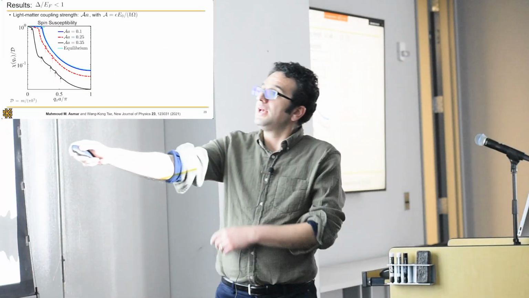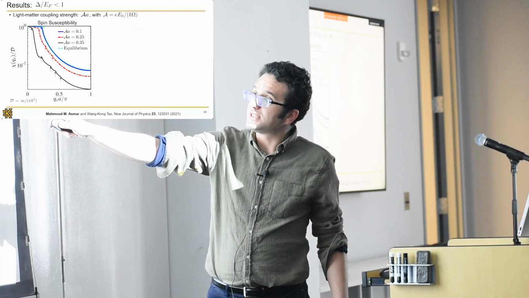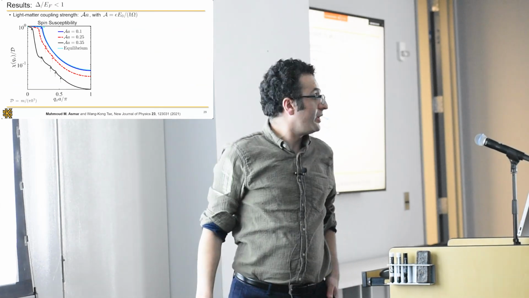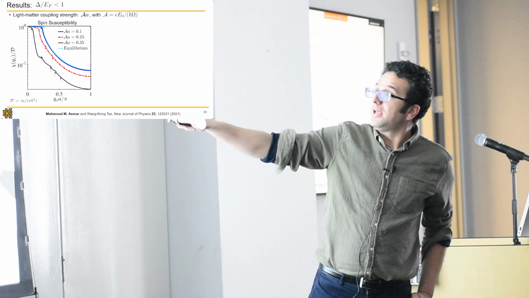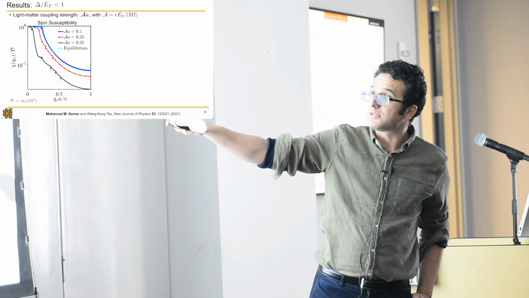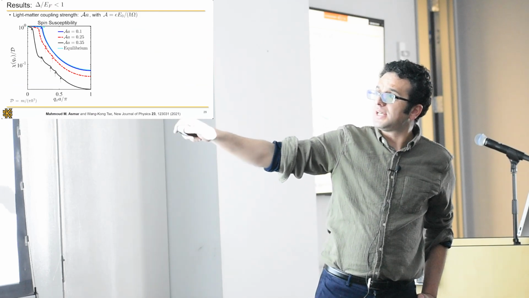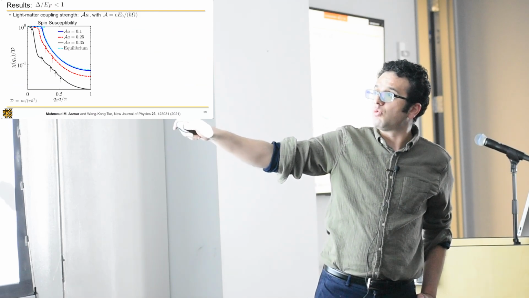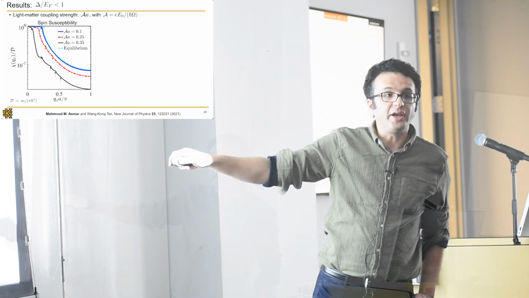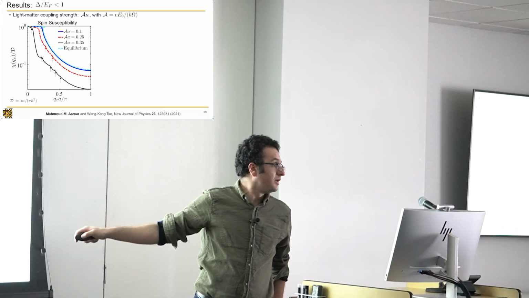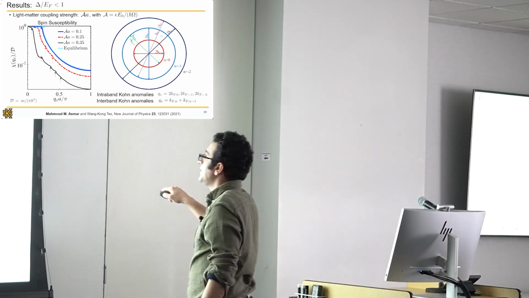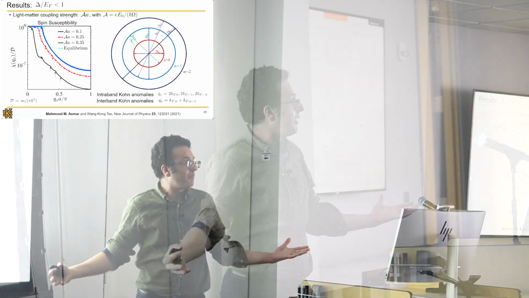As we can notice, at equilibrium, which is this light blue color, we have the regular spin susceptibility that we know. Then if I start increasing my light matter coupling strength, I notice a deviation from the equilibrium susceptibility and the appearance of new cone anomalies in my system. So what's happening? Remember that now I have all the Floquet bands.